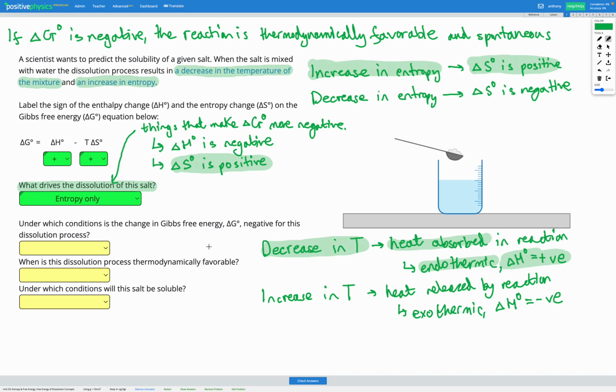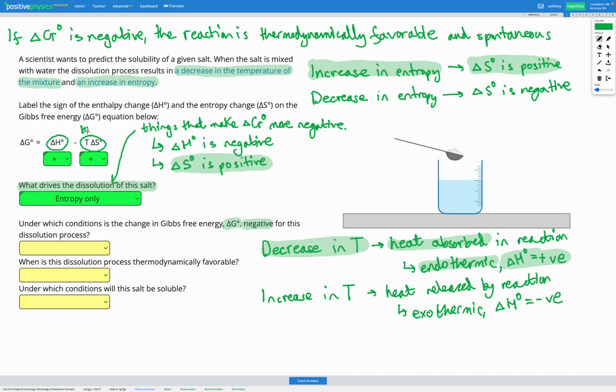Next, we're asked, under which conditions is the change in Gibbs free energy delta G naught negative for this dissolution process. So we're looking at which temperatures will result in a negative delta G. So we already know that this part is going to be a positive number. So this part is being subtracted.